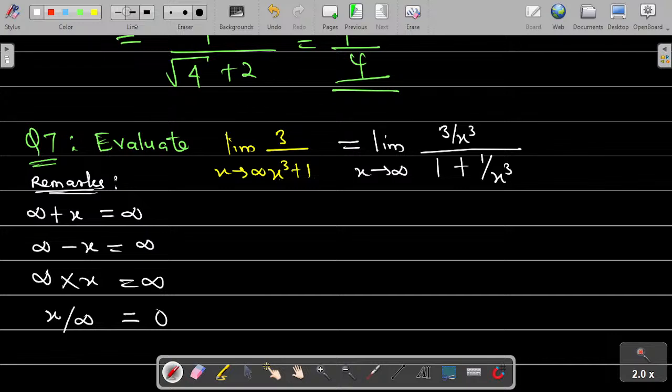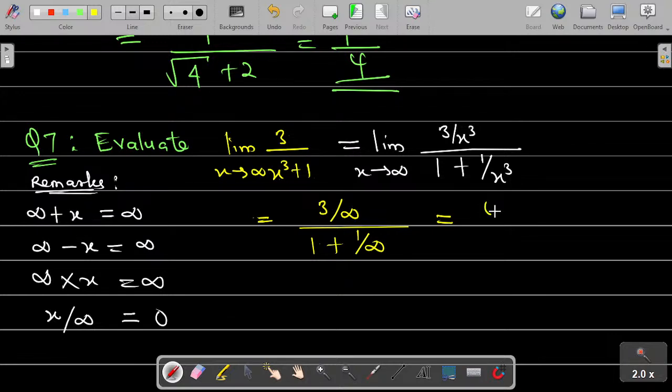How? Because if I now do a direct substitution, let me even remove the limits because I'm already doing substitution. So if I put infinity here, of course infinity to the power of 3 will be infinity, all over 1 plus 1 over infinity to the power of 3, which is also infinity. So here you can see 3 all over infinity.